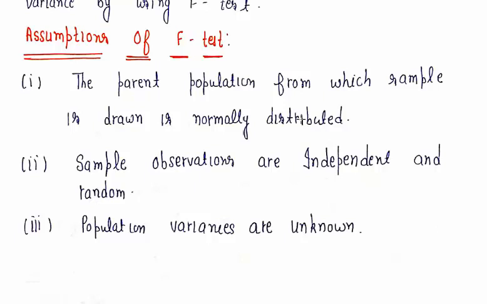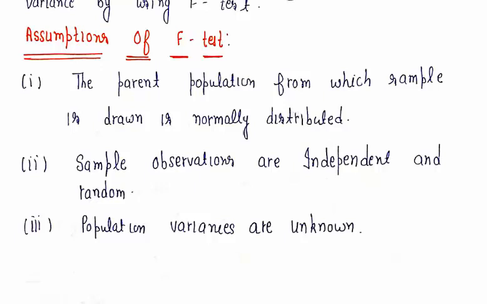Second, sample observations are independent and random. Population variances are unknown. That is our third assumption. So if these three conditions are satisfied, then we will be able to apply the F test.